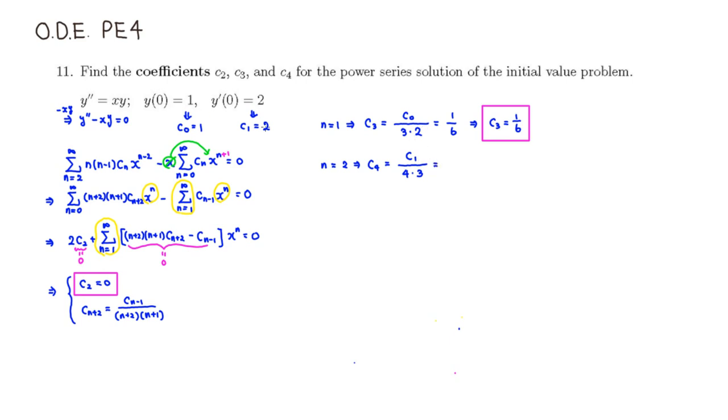Then C1 is 2, so it's 2 over 12, which means that C4 happens to be the same as C3, which is 1/6. So we have the C4 value there. That's all we need to find. I hope that this was clear.